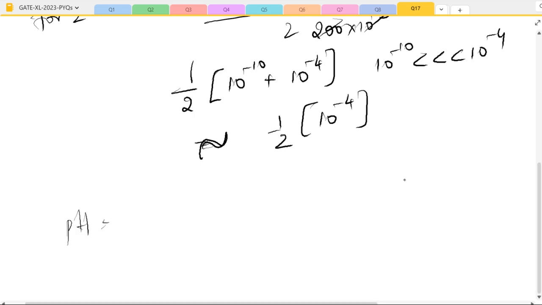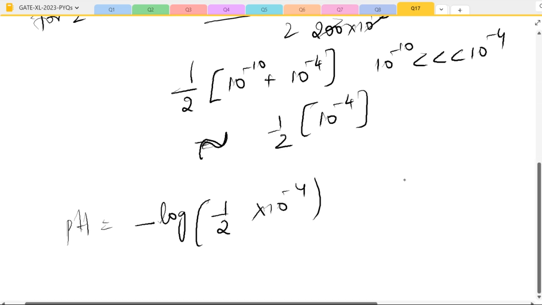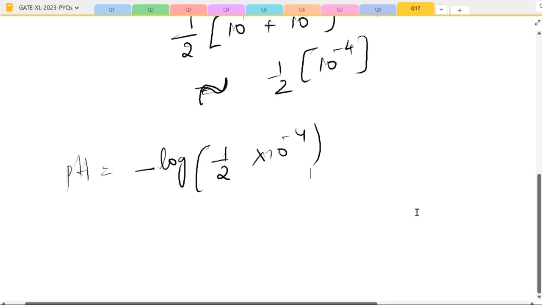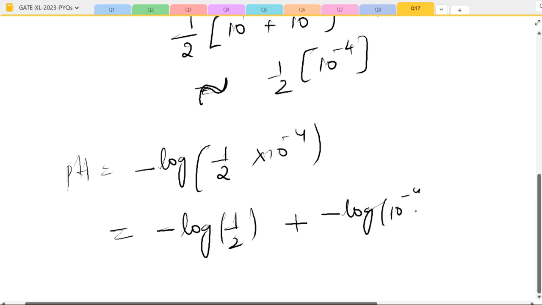However, you need to find the pH. pH is equal to minus log of 1 by 2 into 10 power minus 4. If you know the basic logarithmic rules, log of A into B is log A plus log B. So that will be minus log of 1 by 2 plus minus log of 10 power minus 4.